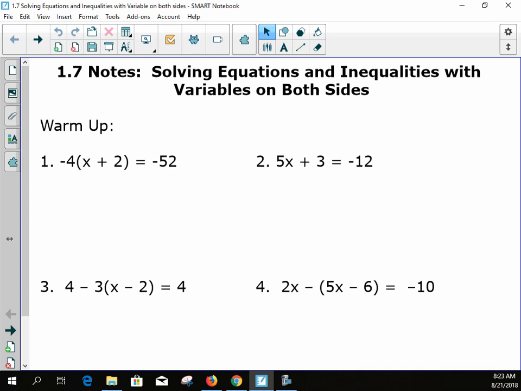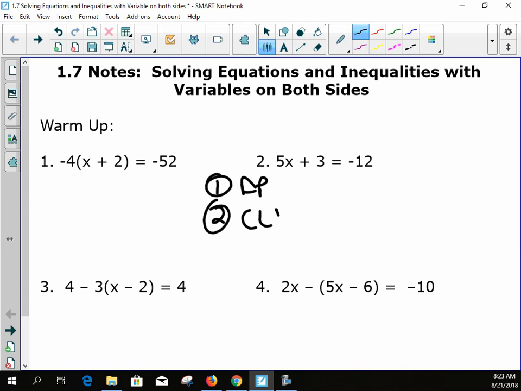Now on our steps, we have our steps as 1, distributive property, 2, combine like terms. Those stay. 3, get all your numbers on one side of the equal sign, all your numbers with letters on the other.